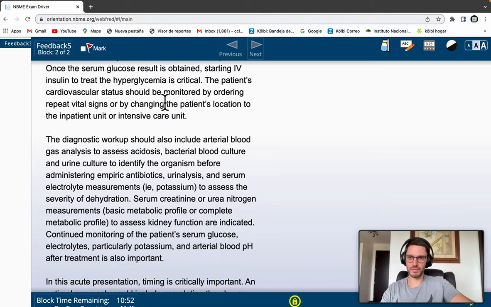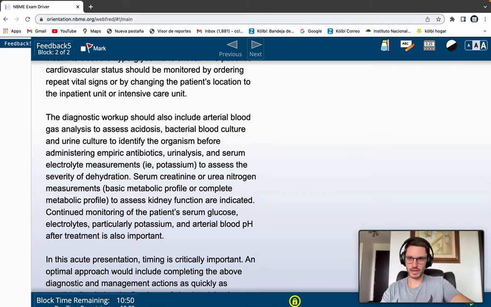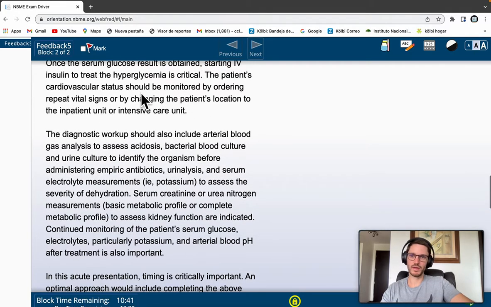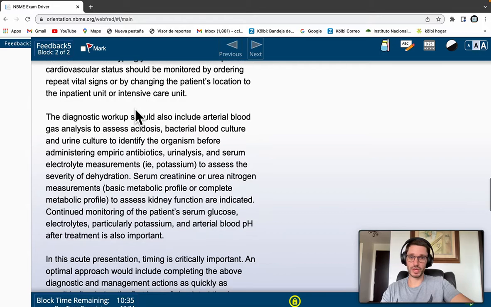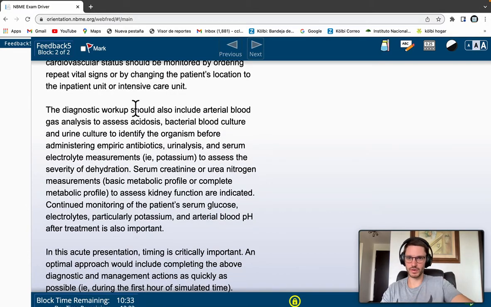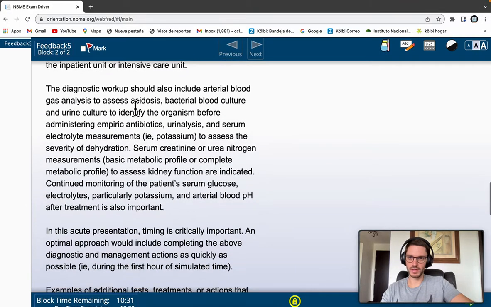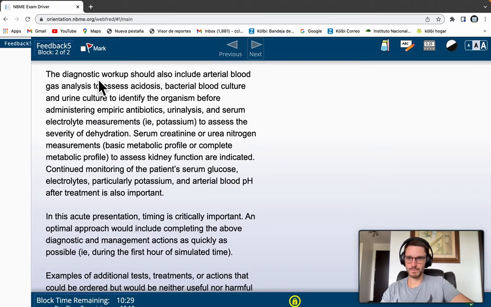The patient's cardiovascular status should be monitored. That's why we chose telemetry, or by changing the location to the intensive care unit. Okay, I chose telemetry. Maybe I could have chosen repeat vital signs. Actually, I didn't know there's a button to choose repeat vitals, so that's very important.